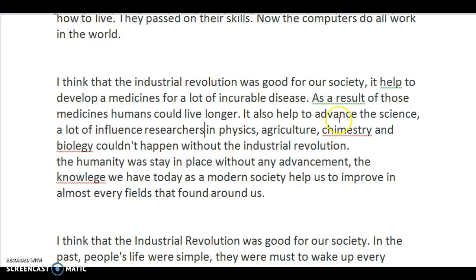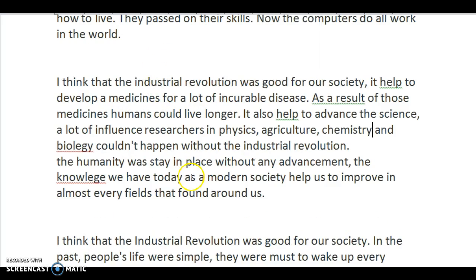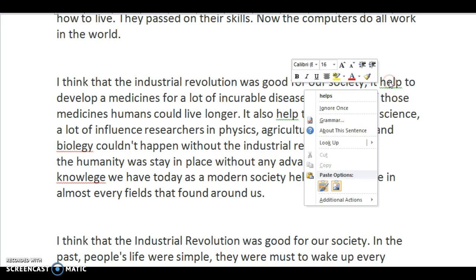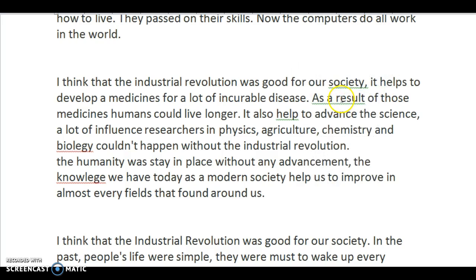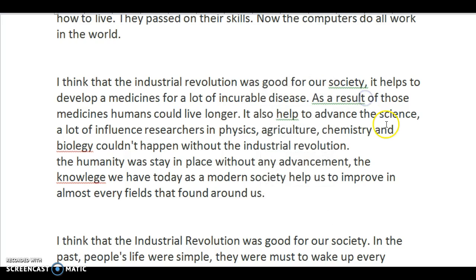Okay, researchers, chemistry, and now I look and say, it help or it helps. As a result, why is there a green line here? Well, they're suggesting the word because, but I think as a result of those medicines, humans could live longer.